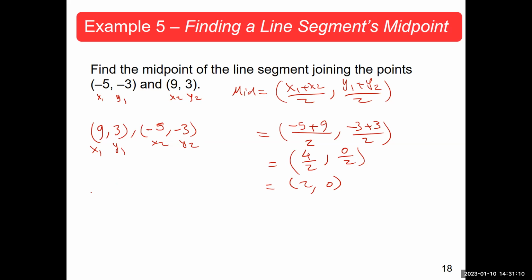Then the midpoint is going to be equal to 9 plus, remember, negative comes with the 5, over 2, comma, 3 plus -3 over 2.